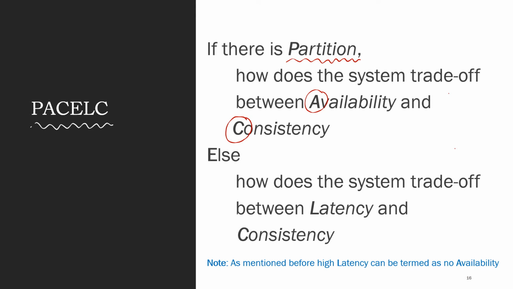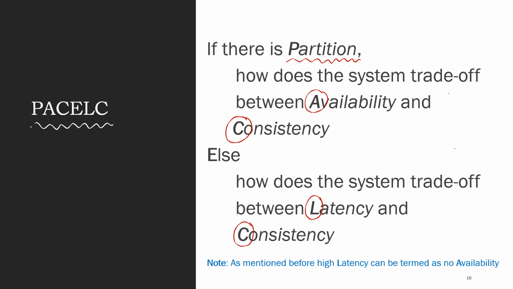But even in the case of no network partition, the system still needs to trade off between latency and consistency. That means if you would like to guarantee high consistency, you are trading off with the latency issue. But if you want to reduce the latency, maybe you need to also reduce the degree of consistency of your system.